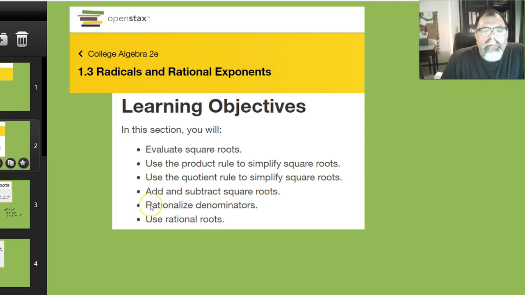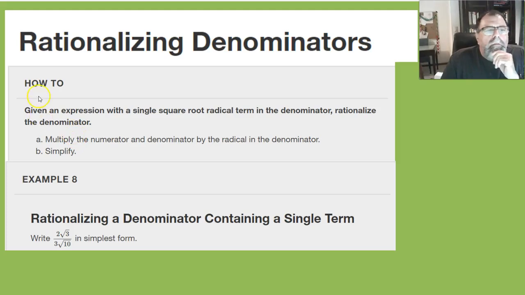All right, now to the next learning objective, rationalize denominators. How to: given an expression with a single square root radical term in the denominator, you rationalize the denominator. So step A, multiply the numerator and denominator by the radical in the denominator, and then simplify. All right, so let's look at example 8 here.